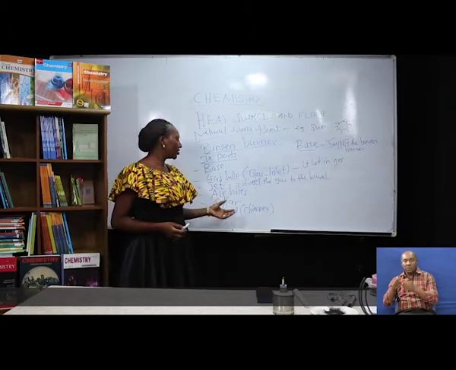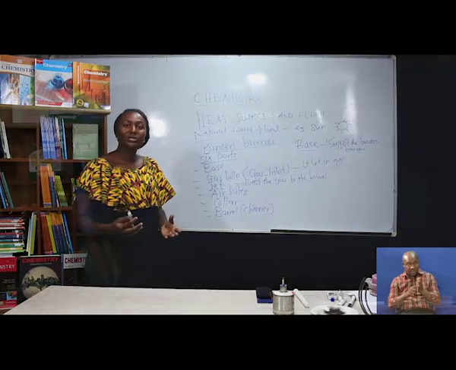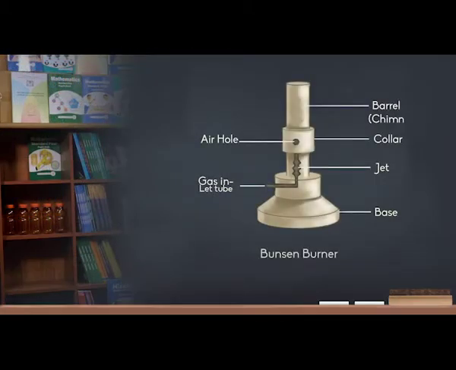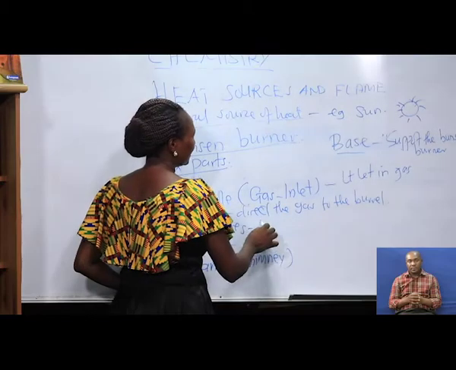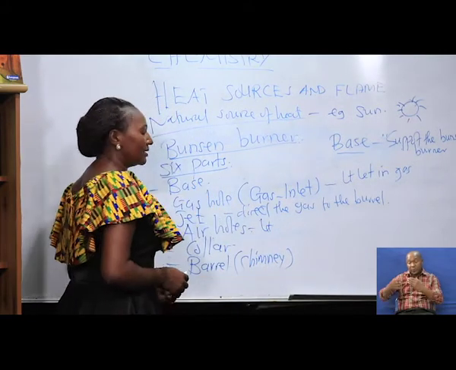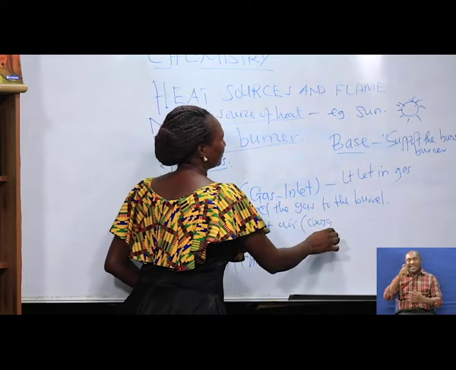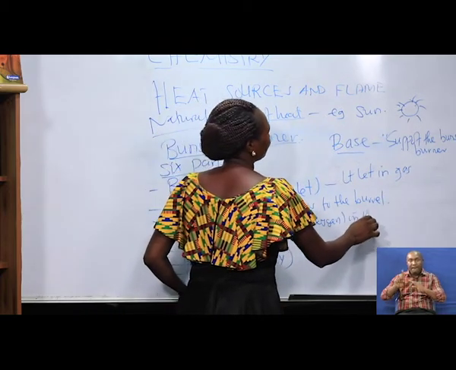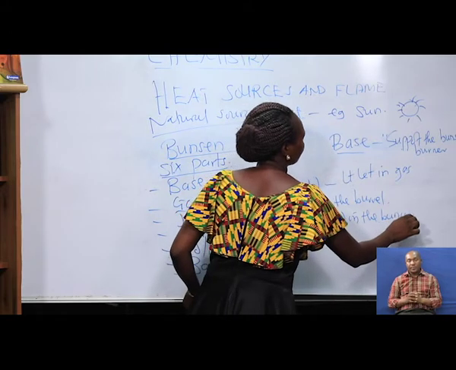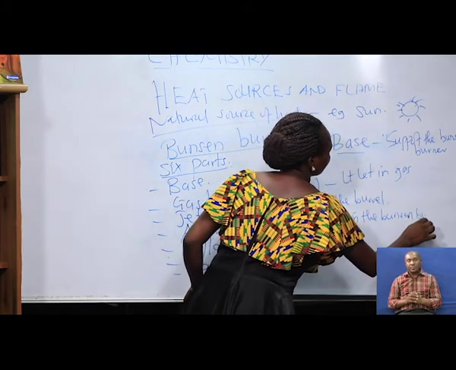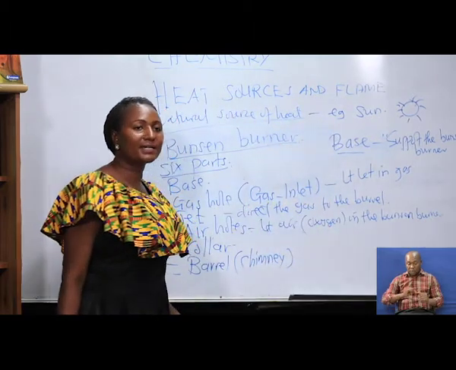Air holes normally allow air, which is oxygen, to enter the Bunsen burner to support burning.